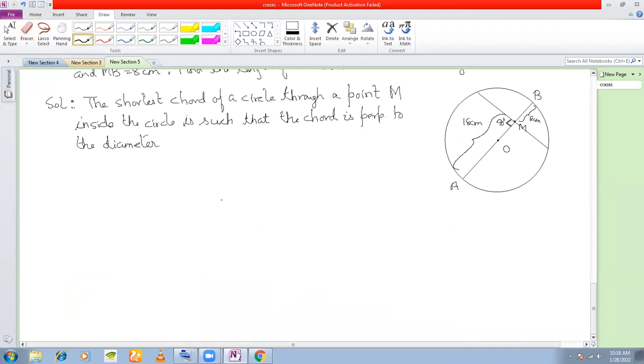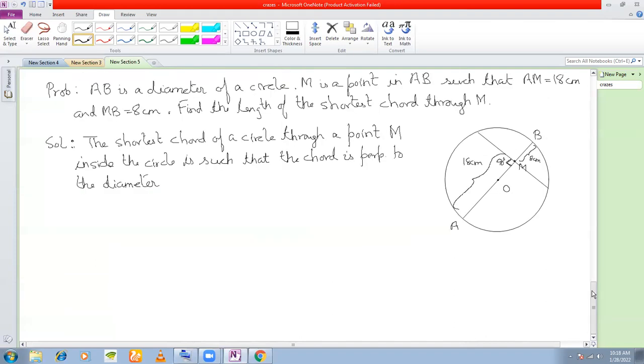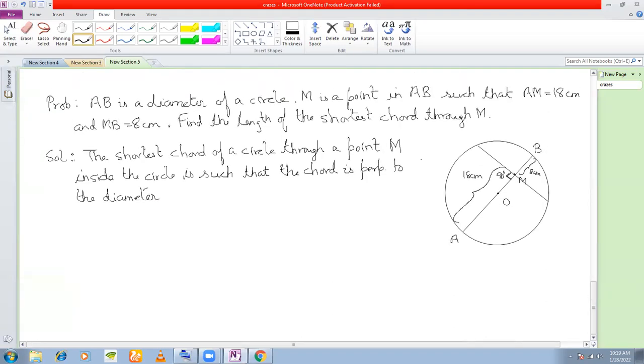Okay. Now the question states, find the length of this chord. Let's say this chord, we call this chord CD. Now we have to find out the length of this chord. First of all, we'll find out the radius of this circle.